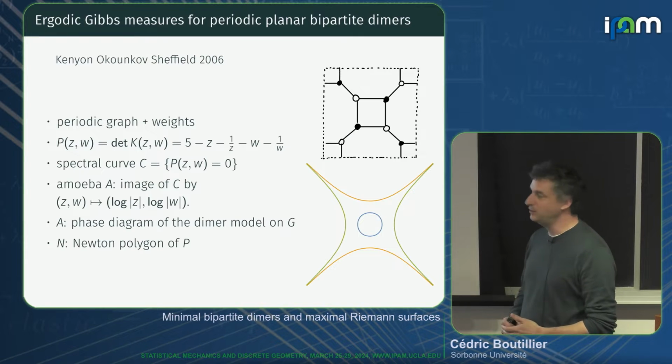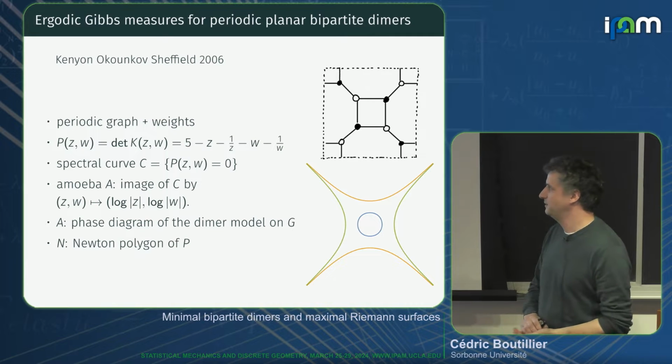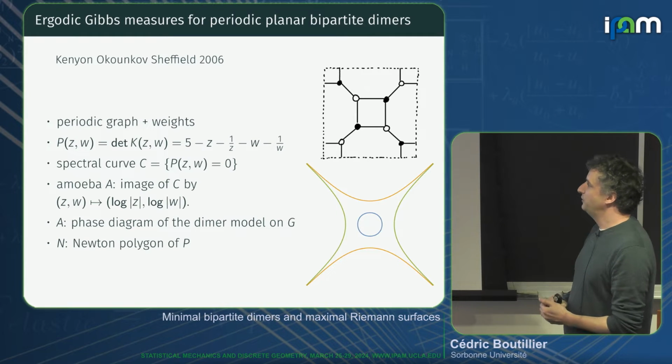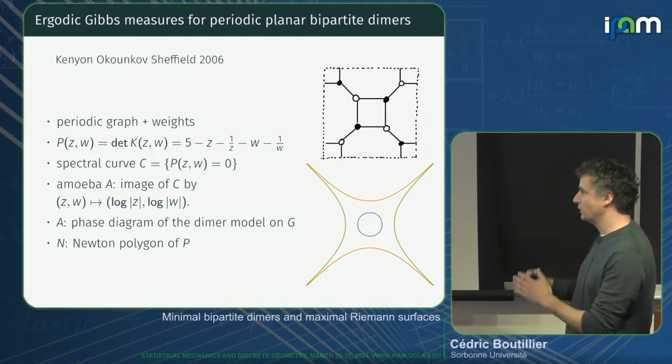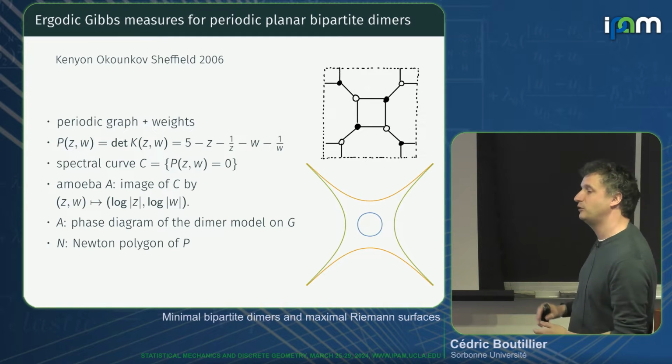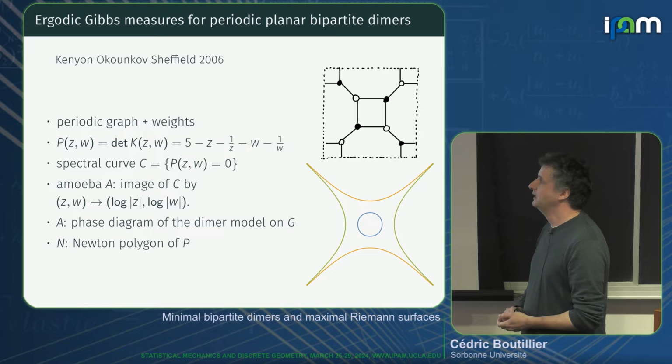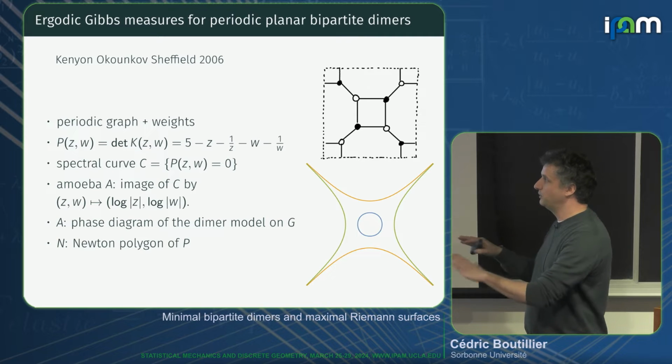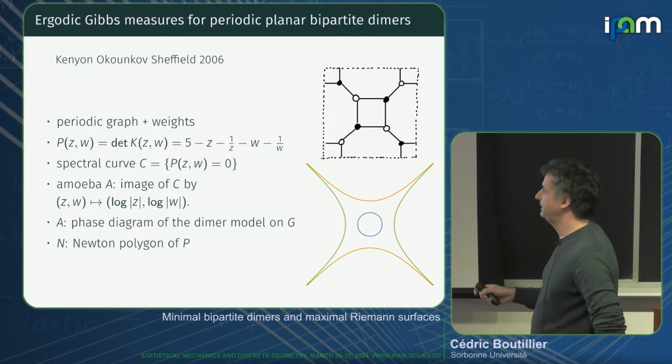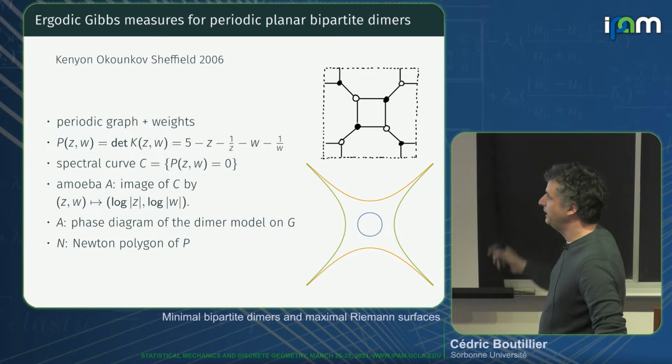We already saw several times during the week this question of looking at dimer models on biperiodic graphs. So we start with a periodic bipartite planar graph with periodic weights.